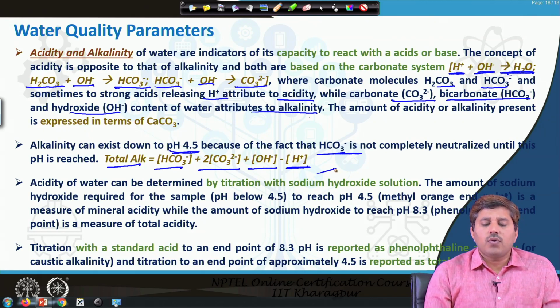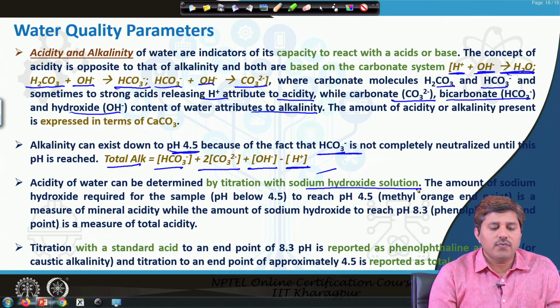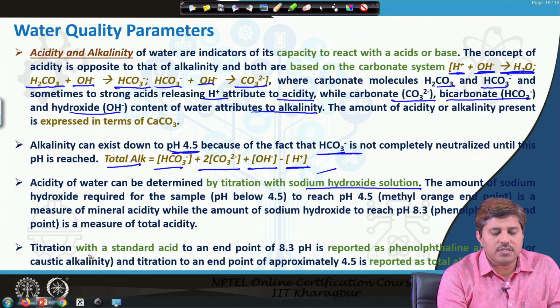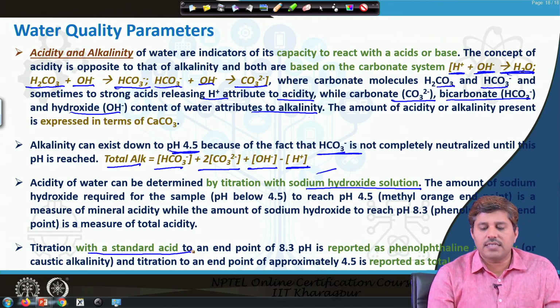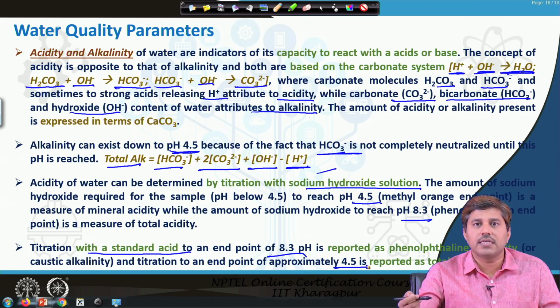The acidity in the water is determined by titration with sodium hydroxide solution, whereas the alkalinity can be determined by titrating with a standard acid. We can use 4.5 and 8.3 as indicator end points in both cases.